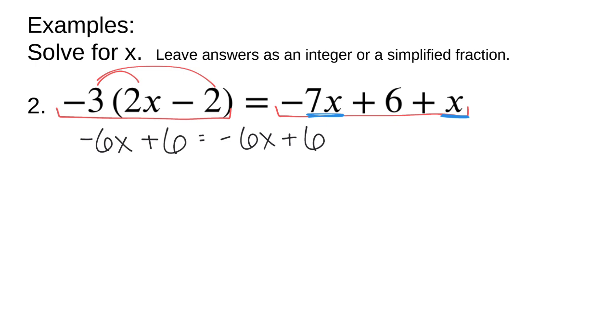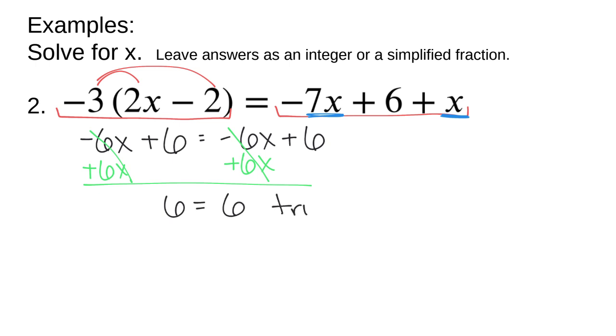So I am going to add this 6x so that we'll cancel, but what you do to one, we have to do to the other. Negative 6x plus 6x cancels on both sides, and we end up with 6 equals 6. That is a true statement, which tells me that my answer is all real numbers.